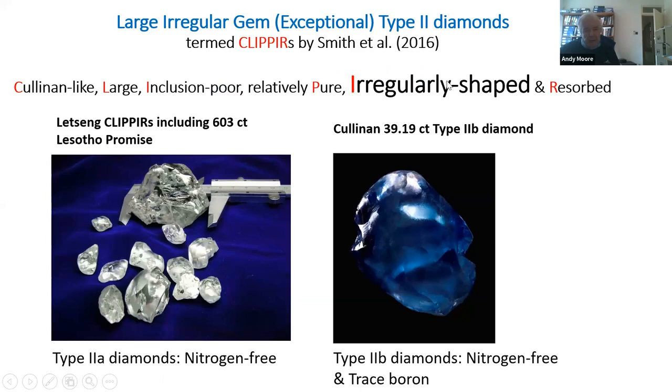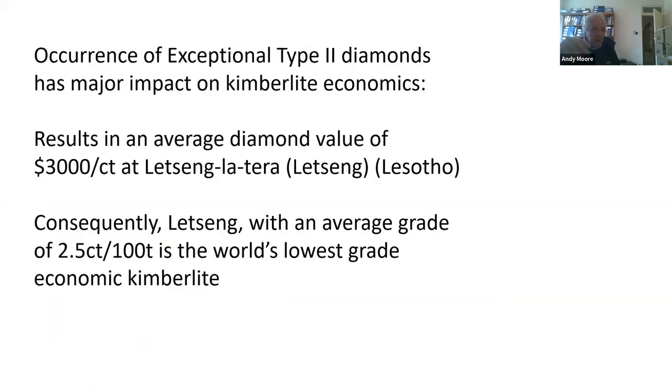And I've highlighted irregularly shaped because you can generally simply recognize one of these CLIPPER diamonds on the basis of its irregular shape with a high degree of confidence. So the irregular shape is one of the very characteristic features of these diamonds.